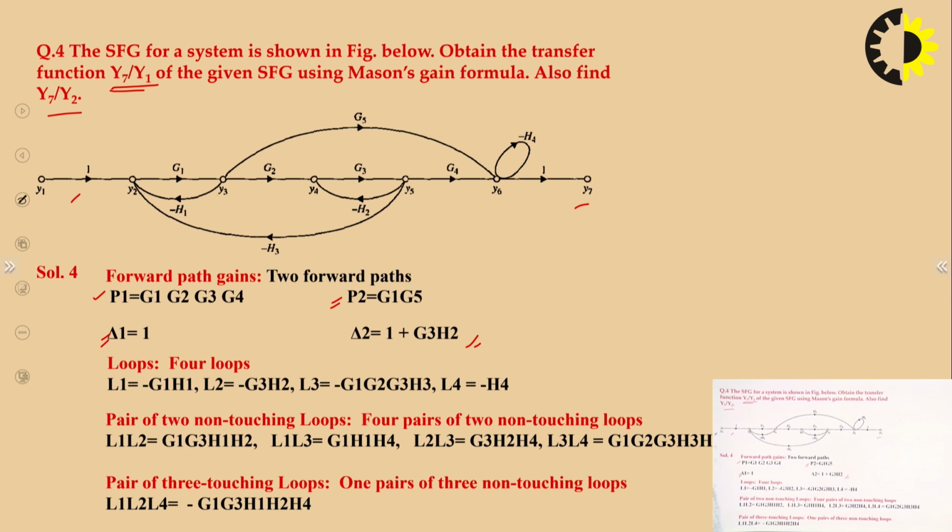And there are 4 loops: minus G1H1, minus G3H2, minus G2G3H3, and minus H4, which is the self loop.